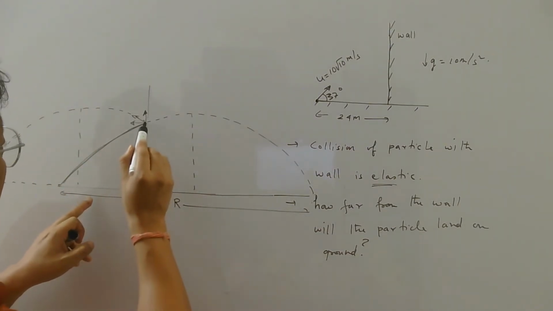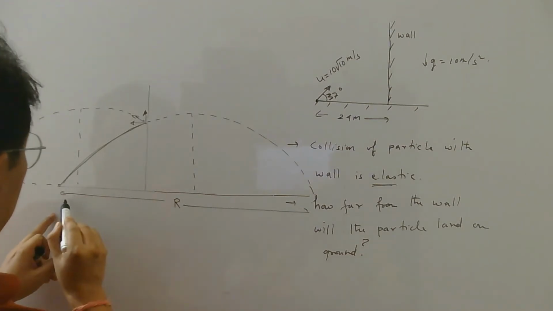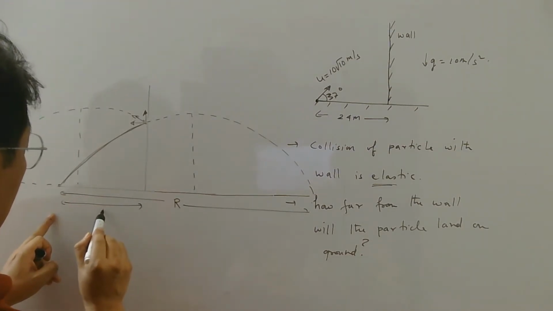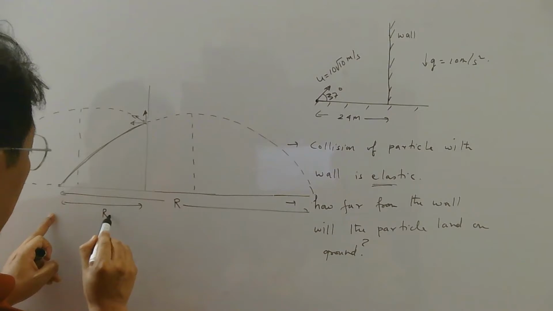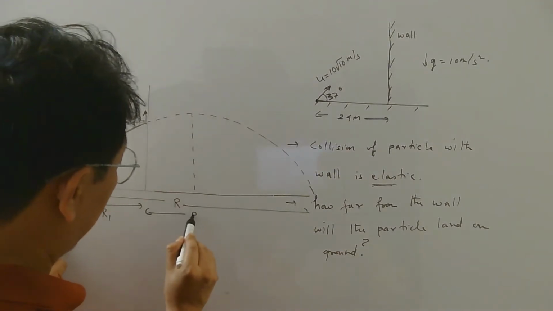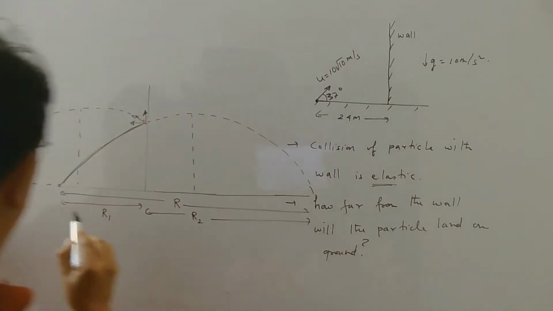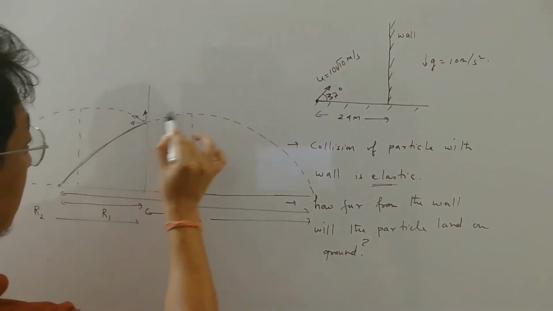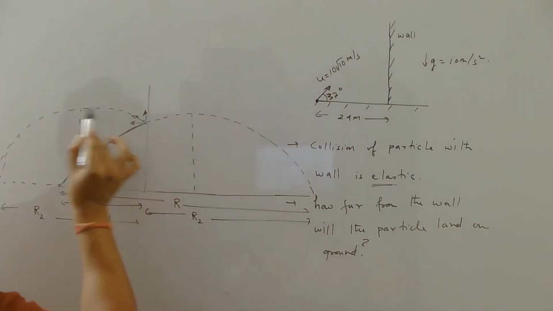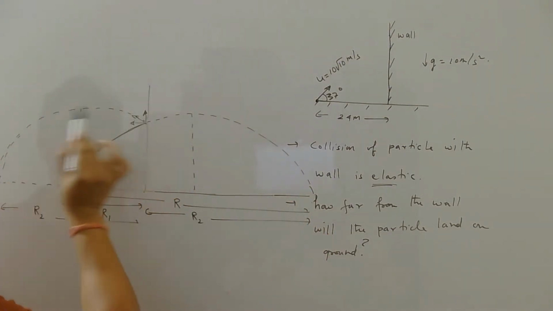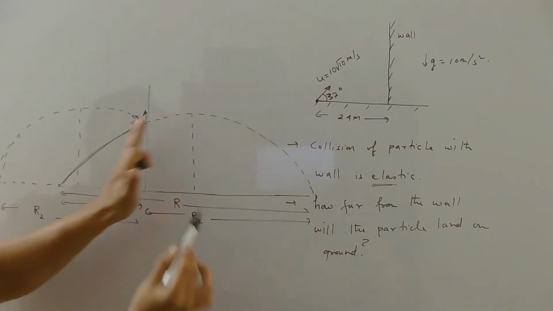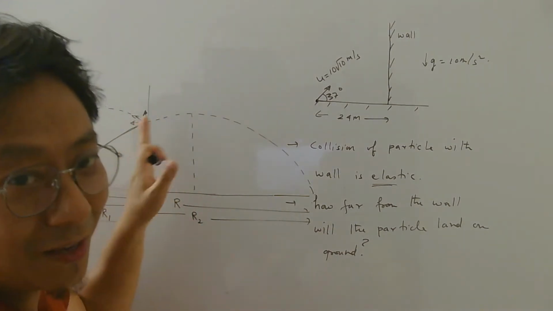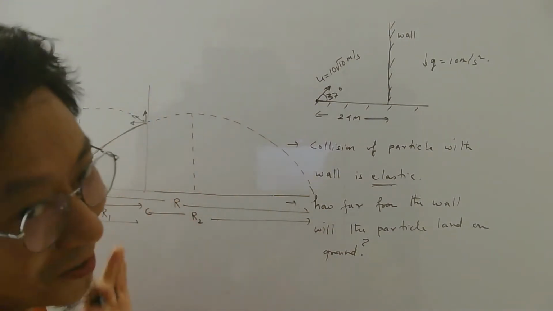And let's say this is R1, this is R2, then this distance from the wall to here will be R2, because this path, I should say, will be identical to this path, except it will be reversed. It's like reflection from a mirror.